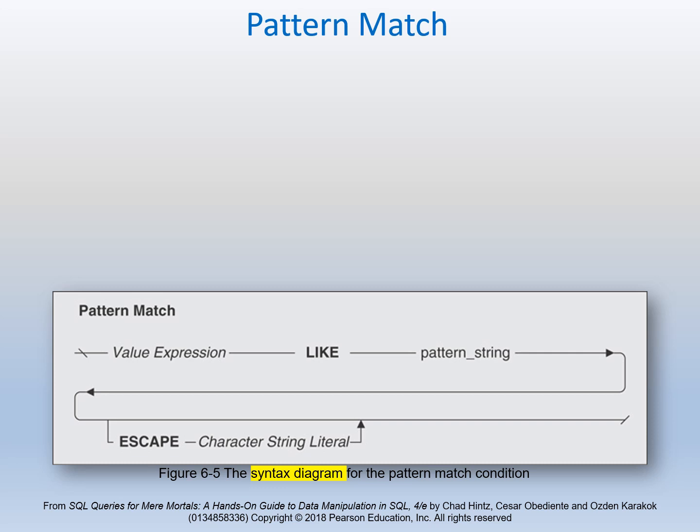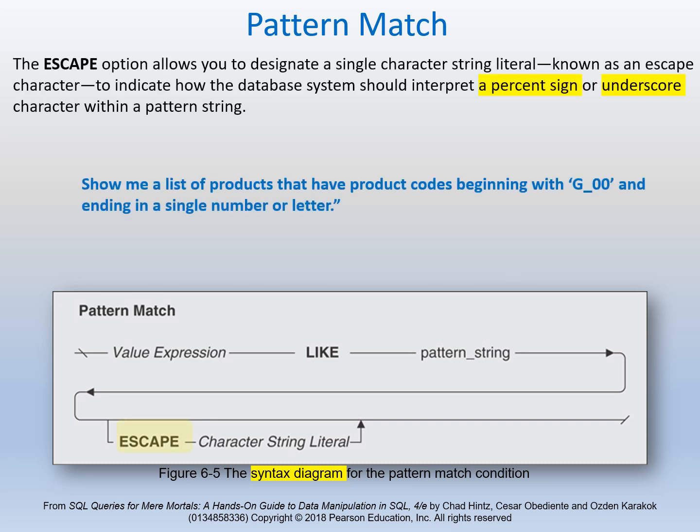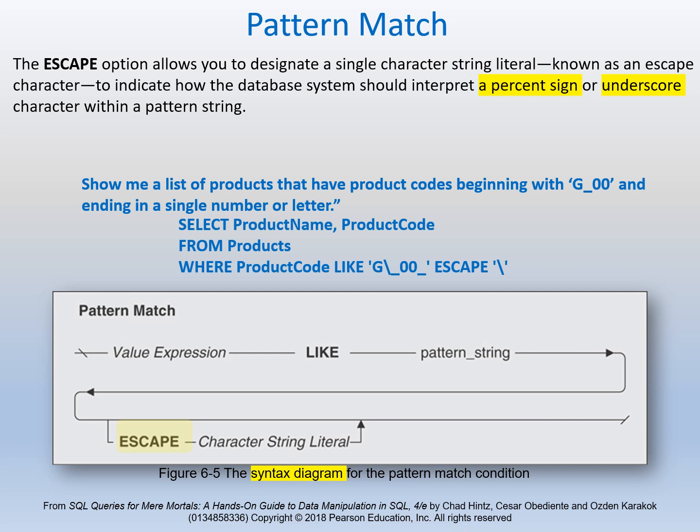What if in our pattern matching, our data contains the percent symbol or the underscore, which are reserved symbols for pattern matching? In that case, we can use the keyword escape. In this example, select product name, product code from products, where product code like 'G/_00/_'.